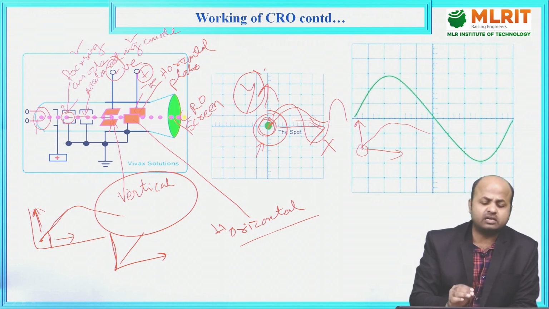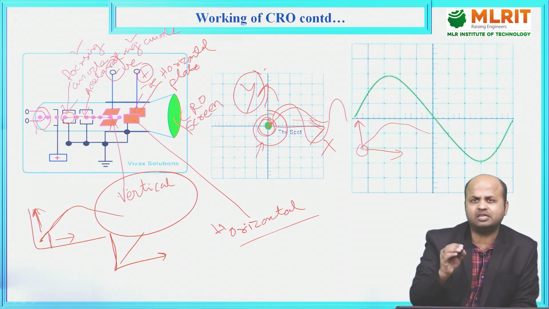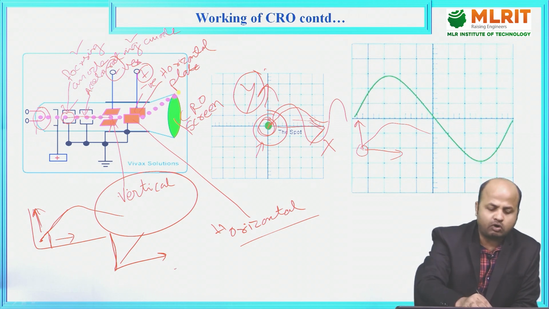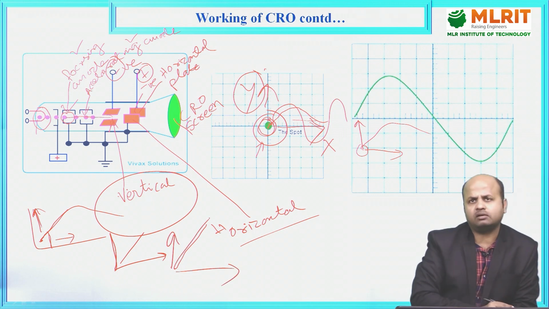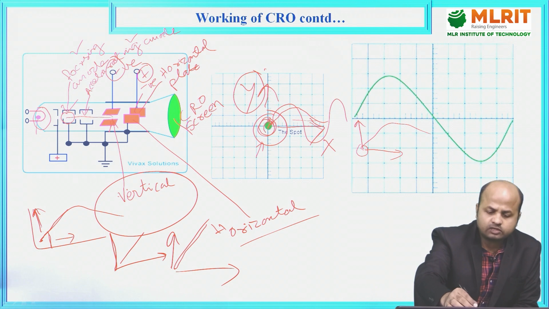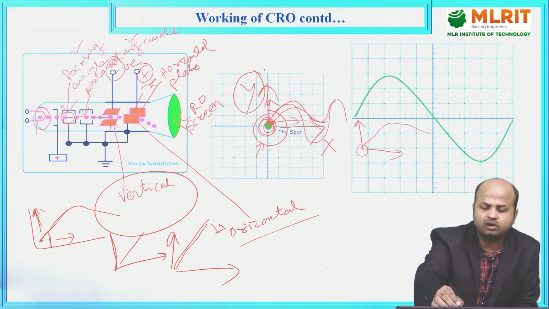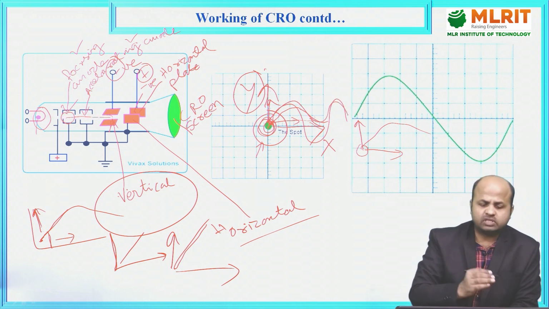Just imagine how we draw any picture on a page. We have to move our pencil towards the x-axis as well as the y-axis, then only we can draw a line. Similarly, the electron beam also has to give the horizontal movement as well as vertical movement to draw any kind of waveform. So this is the basic principle.